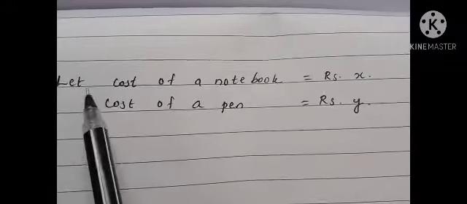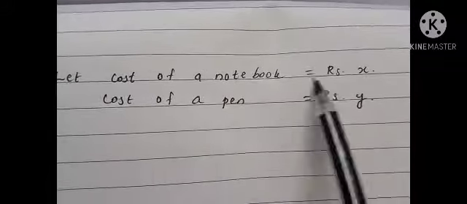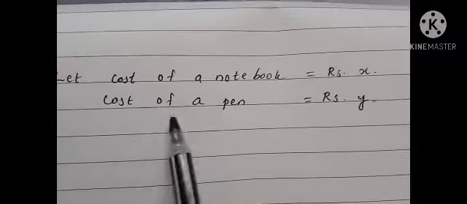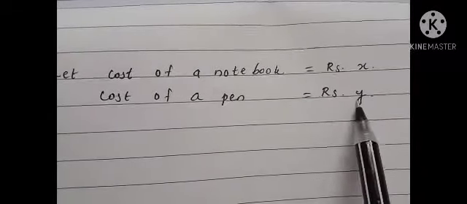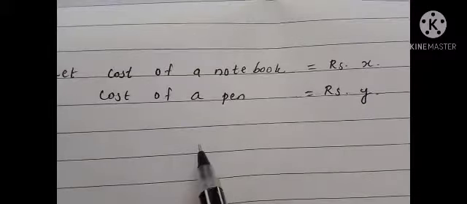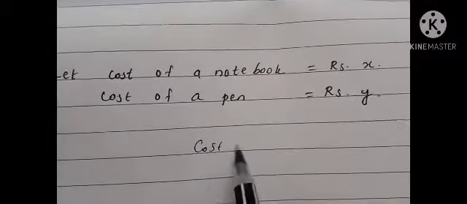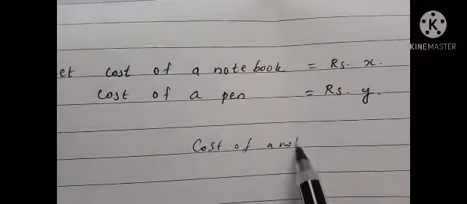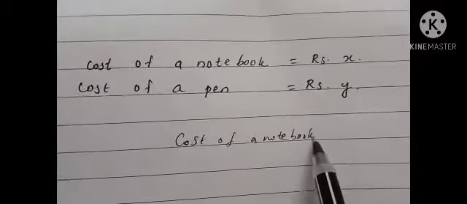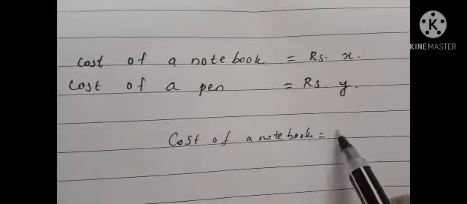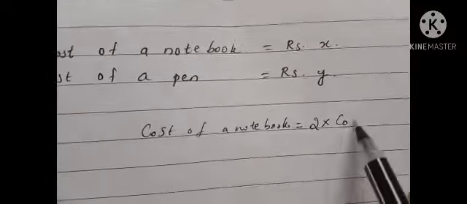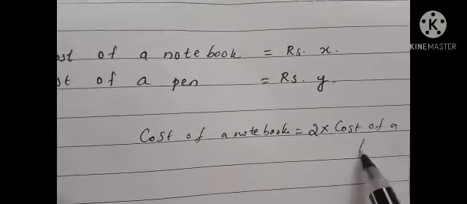According to the question, let the cost of a notebook equal rupees x and the cost of a pen equal rupees y. Then in the question it is given that the cost of a notebook is equal to twice the cost of a pen.